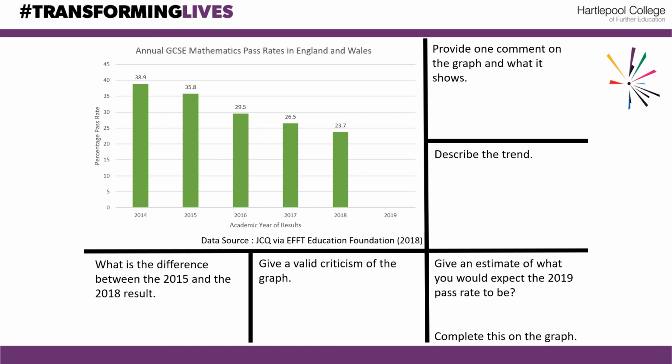Okay, so looking at this one, it says provide 1 comment on the graph and what it shows. It shows GCSE pass rates over time. Just a quick note on this. If we look at these, it says annual GCSE maths pass rate in England and Wales.